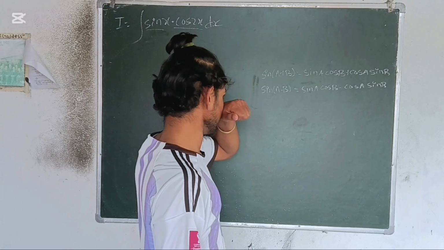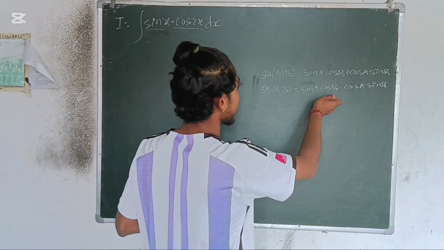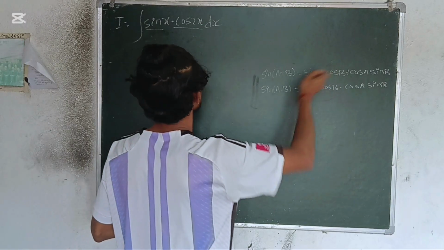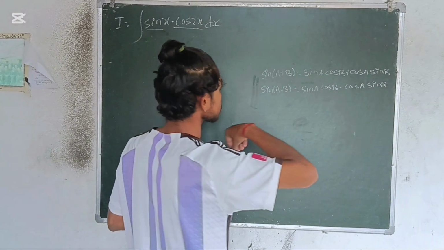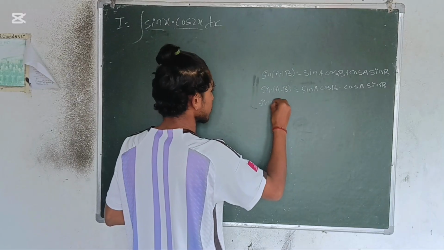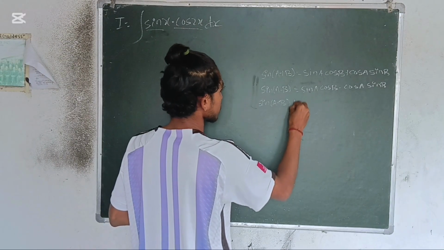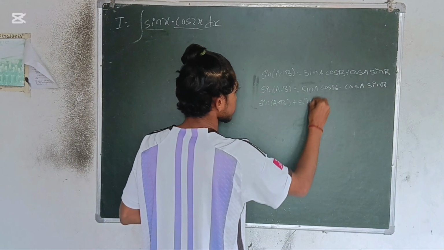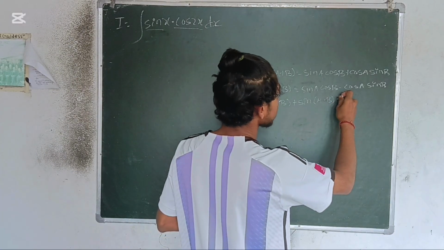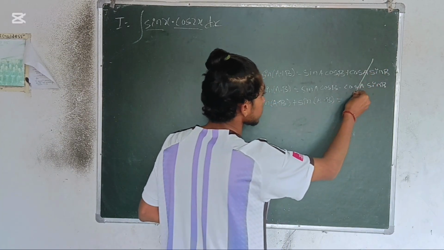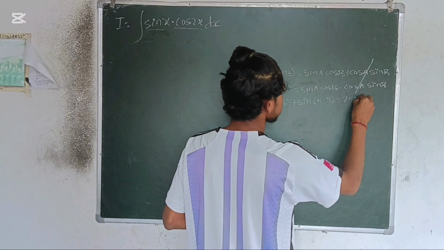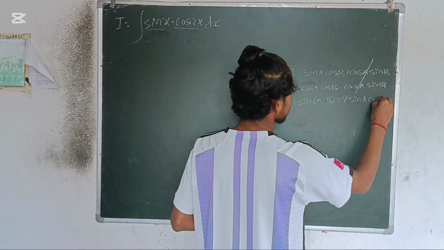In order to make that happen, we have to add our formulas. So what would happen if we add them? We get sine of a plus b plus sine of a minus b. If you add these two terms, one term cancels out and the other adds up, and you get 2 sine a cosine of b.